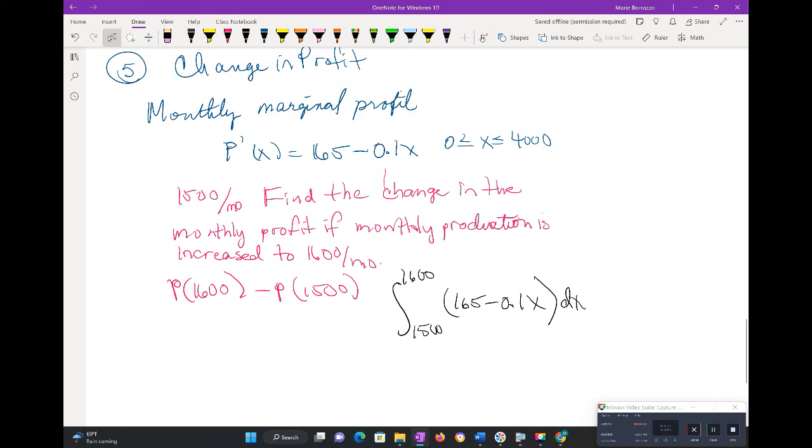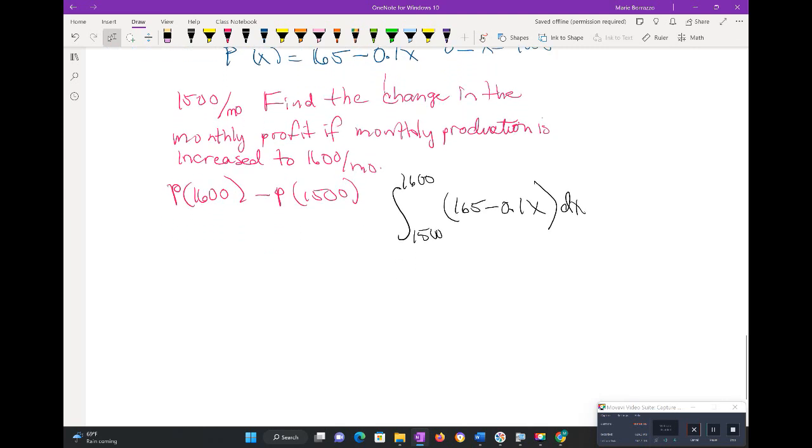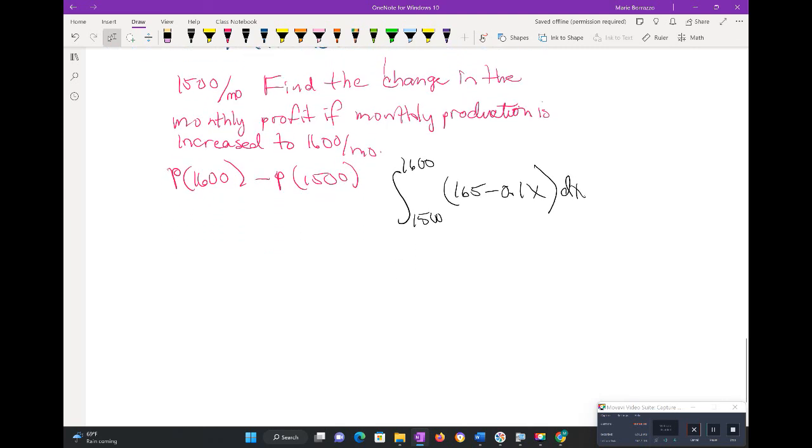We're looking for some sort of change. Now, the first thing we're going to do is find the antiderivative, which in this case would become 165x minus 0.05x squared, because remember you divide by the exponent as well. And we're going to evaluate this between 1,600 TVs produced and 1,500 TVs produced.